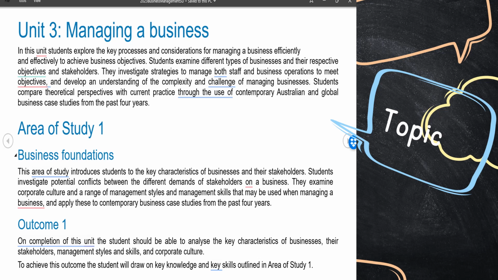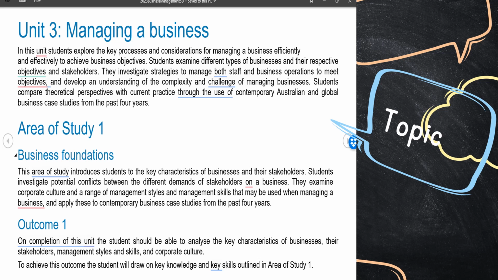They also investigate strategies to manage both staff and business operations to meet objectives, and develop an understanding of the complexity and challenge of managing a business. The course also includes students comparing theoretical perspectives with current practice through the use of contemporary Australian and global business case studies from the past 4 years.